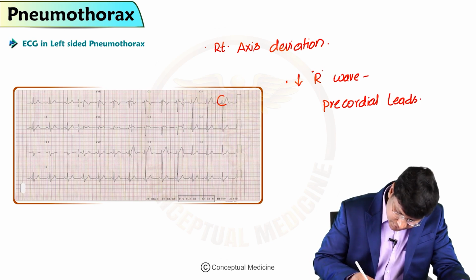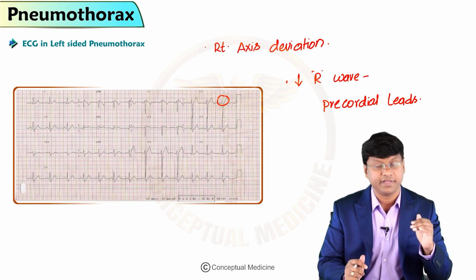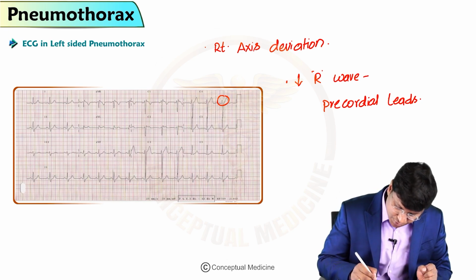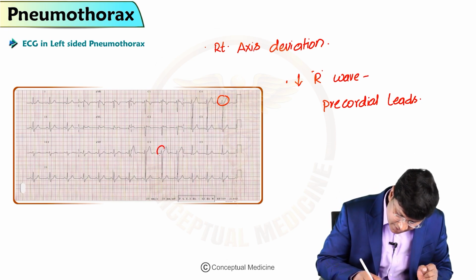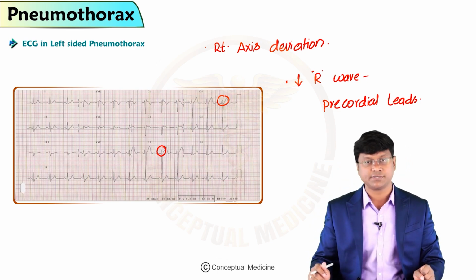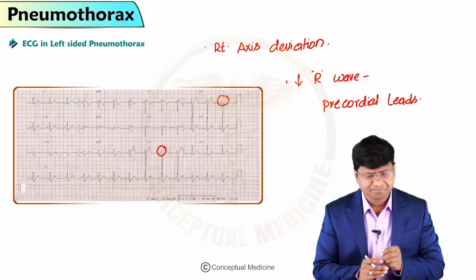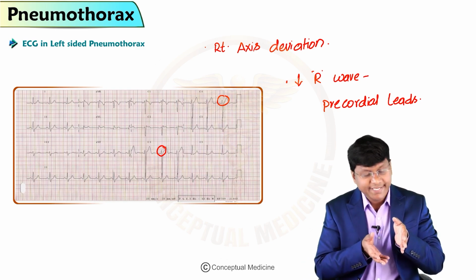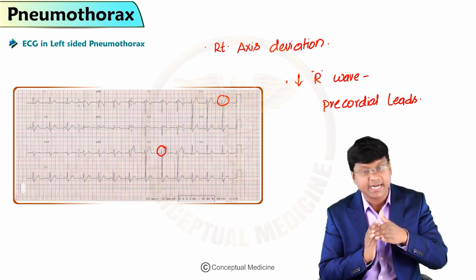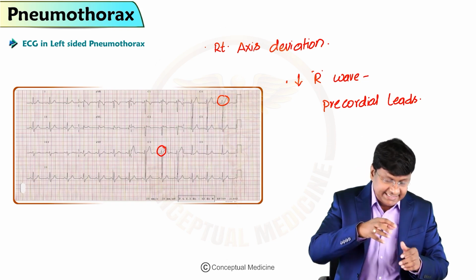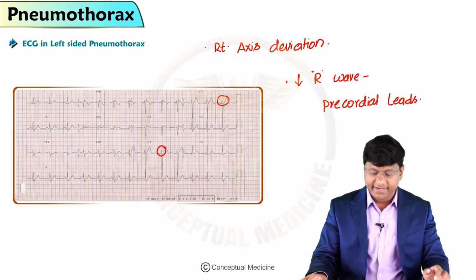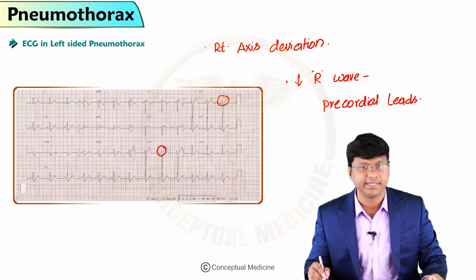By almost V3, you should have an R wave of more than 3 mm, and gradually it should progress up to V4, V5, V6. But here, what is happening? The collapsed lung is overlapping the heart, and thereby the electrical activity from the heart is not passing to the surface of the chest. That is the reason why V3, V4 are unable to pick up the electrical activity, due to which there will be reduced amplitude of the R wave in the precordial leads.